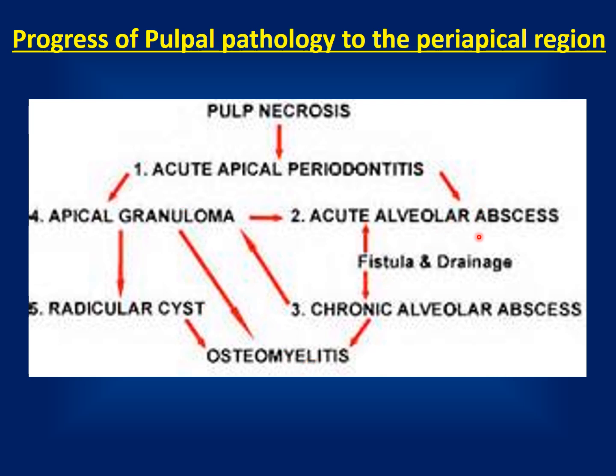The abscess, which is a collection of pus. Here, there will be maybe a fistula and drainage, and form chronic alveolar abscess, which in turn might make osteomyelitis in the future.